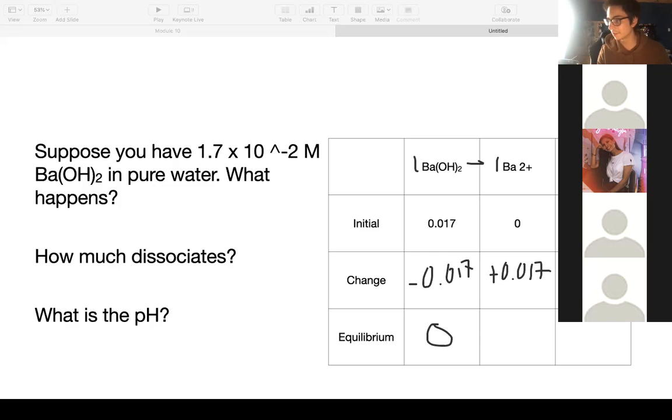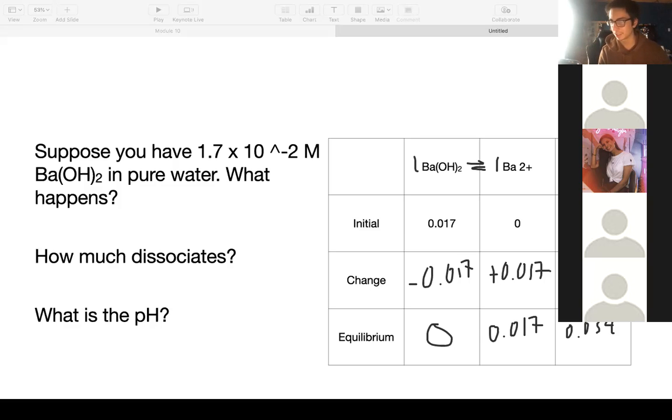So once we reach equilibrium, we have a final concentration 0.017. And then finally, our hydroxide concentration is going to go from 0 to whatever 0.017 times 2 is, plus 0.034. So that once we reach equilibrium, we're going to have a final concentration 0.034.